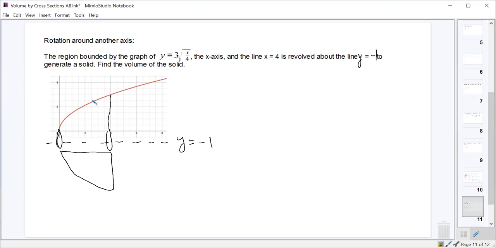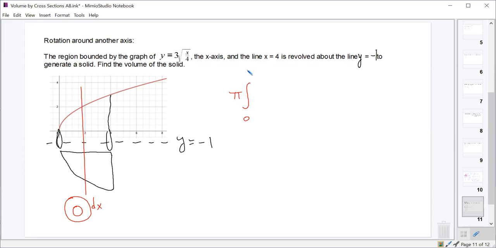And the cross sections of it, if we slice it vertically, will still be these washer cross sections in terms of dx. Everybody good with that? Perfect. So we just need to figure out the outer radius and the inner radius.